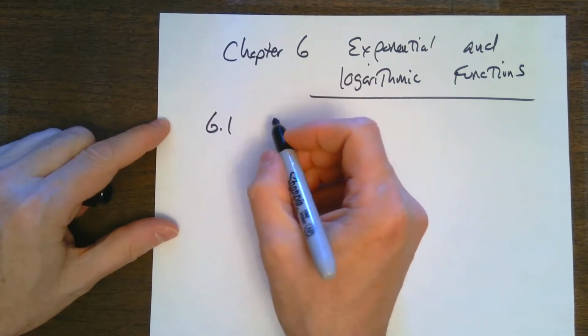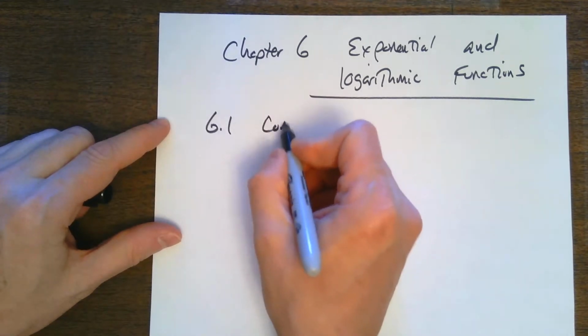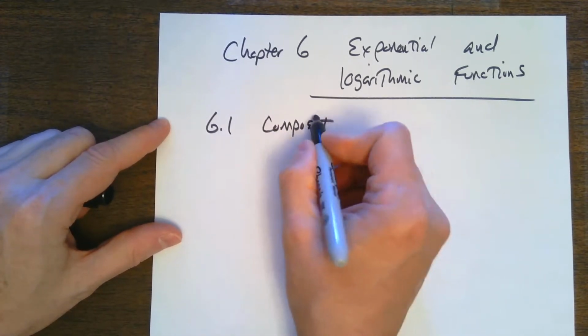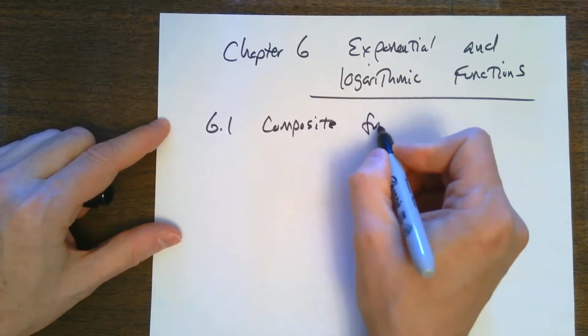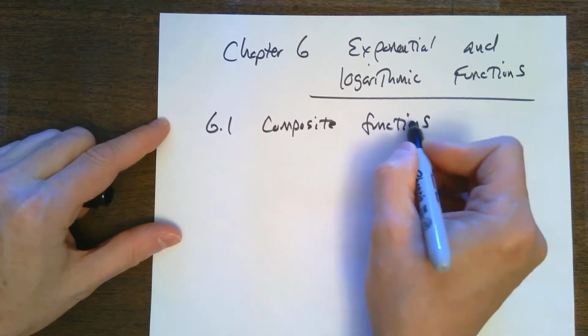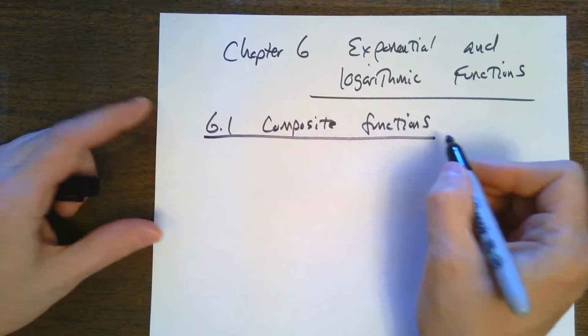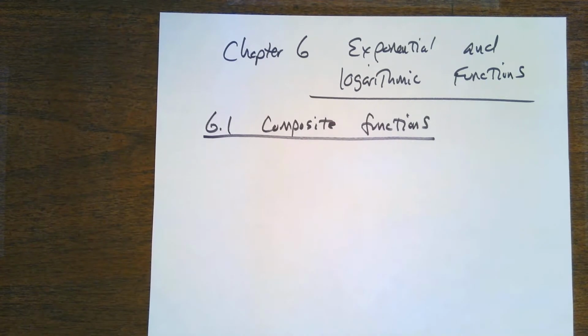We're going to talk about something called composite functions. I want you to think about a composite function as a way of joining two other functions.